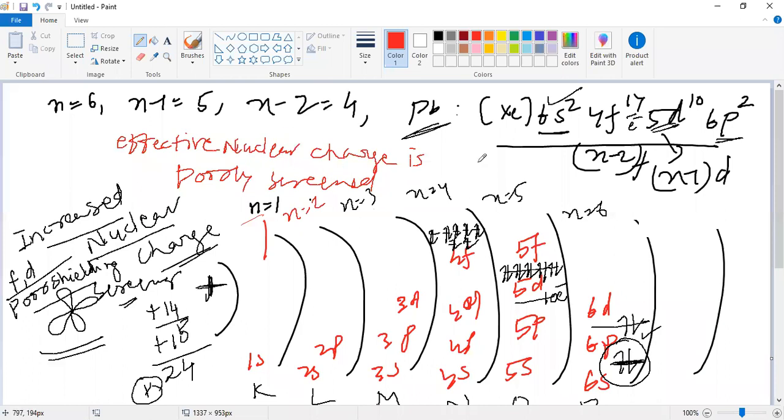Due to this poor screening or poor shielding effect, my dear students, the electrons present in 6s feel a strong nuclear charge. They are highly attracted by the nucleus, and these electrons present in 6s become inert in nature.